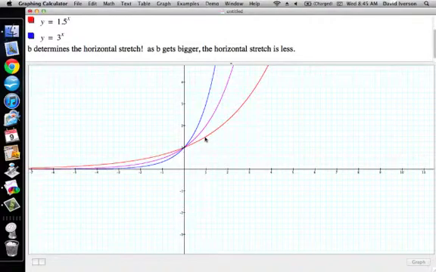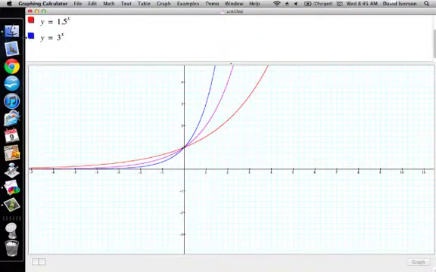So this is a b of 1.5, this is a b of 2, this is a b of 3. So as I make b bigger, it gets more compressed or less stretched. So lower b stretches out the graph. Okay?